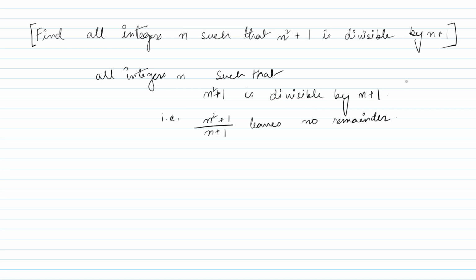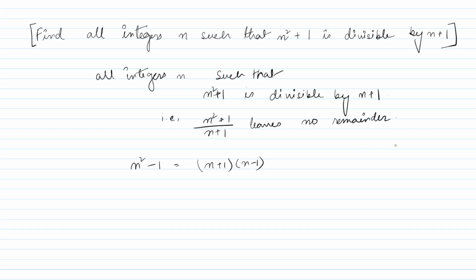Okay, so now let's rewrite n squared plus 1 in a different way. We will try to break n squared plus 1 into something that contains n plus 1 so that we can cancel out n plus 1 from both sides. We know that n squared minus 1 equals (n plus 1)(n minus 1), right?